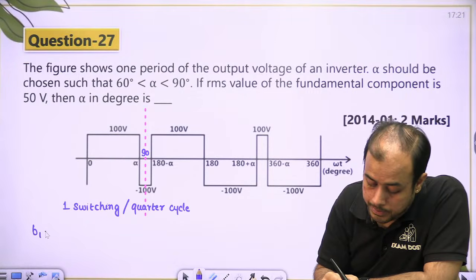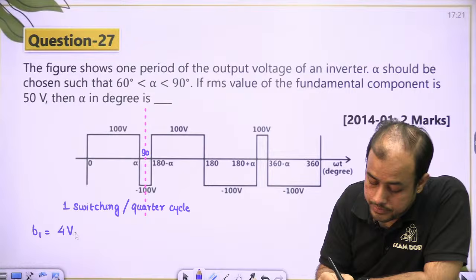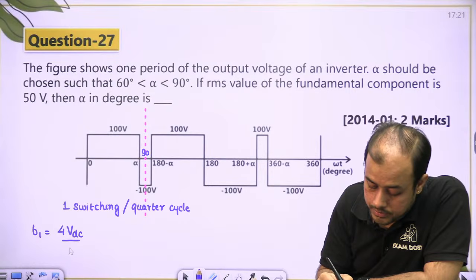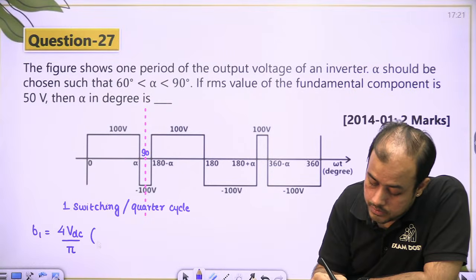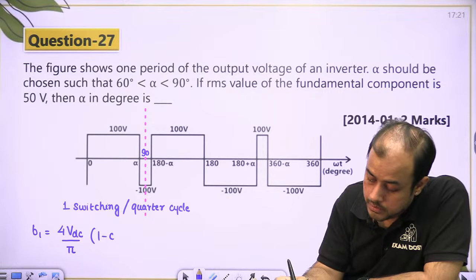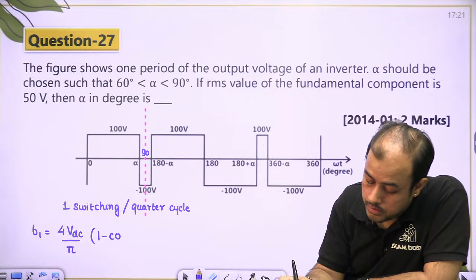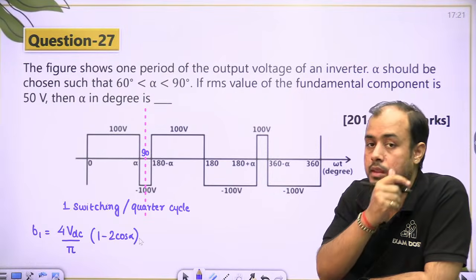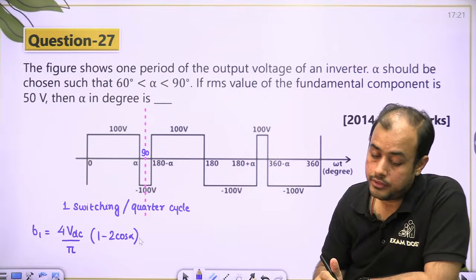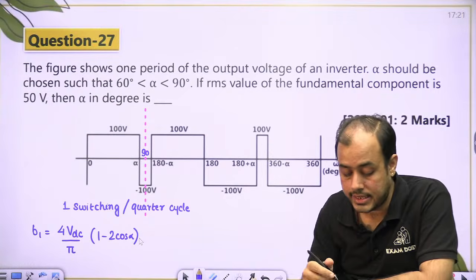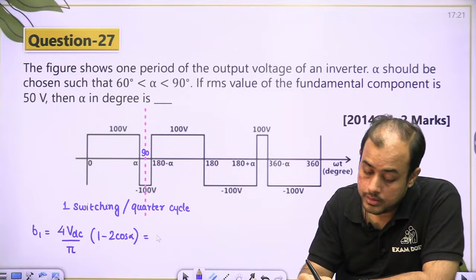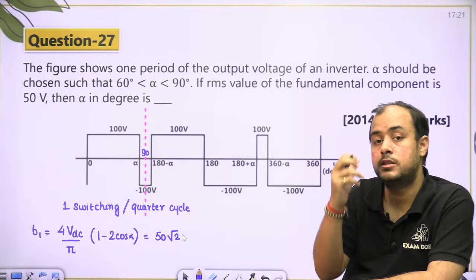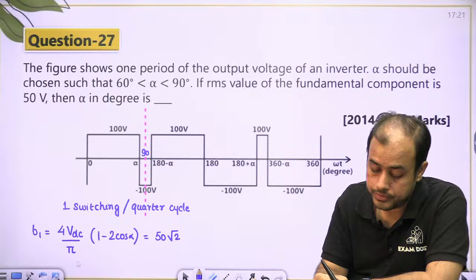So what is the peak of the fundamental? You remember? ये मैंने कल बताया था. When alpha is between 60 and 90. So RMS of fundamental is given, which means peak will be 50 root 2.